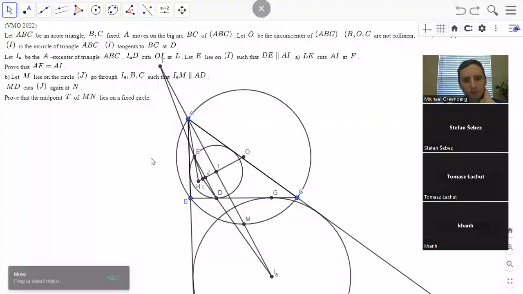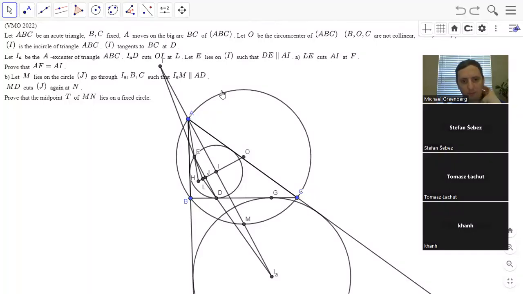So we basically want to show that MD, AE, and OI intersect at one point.